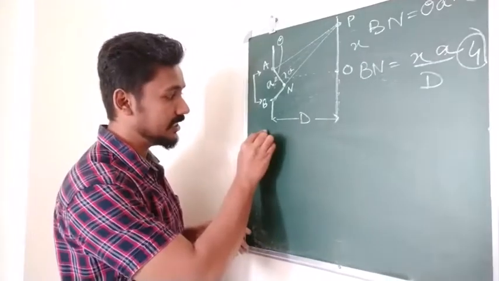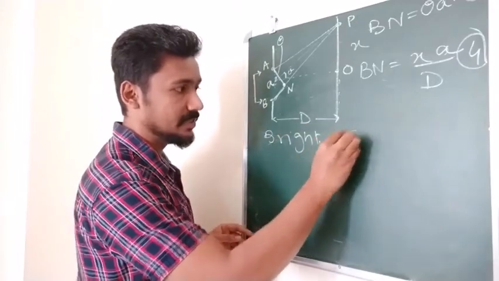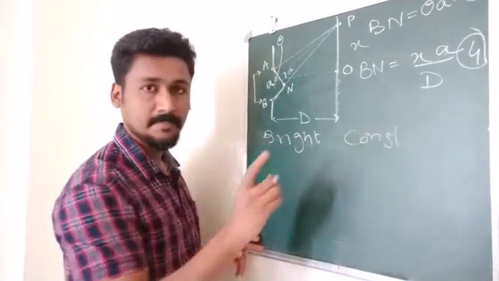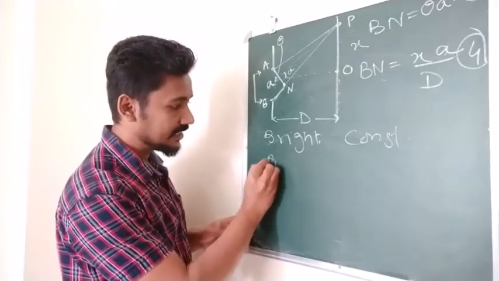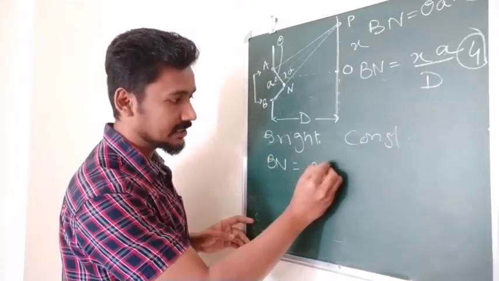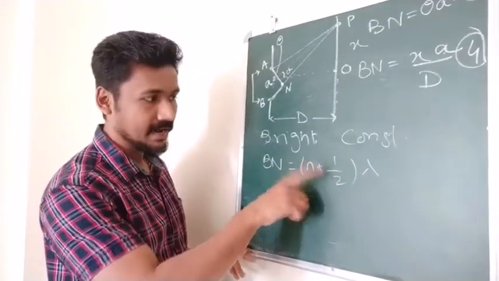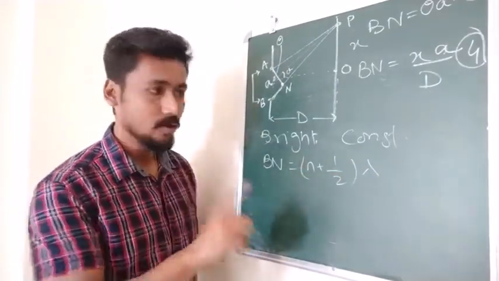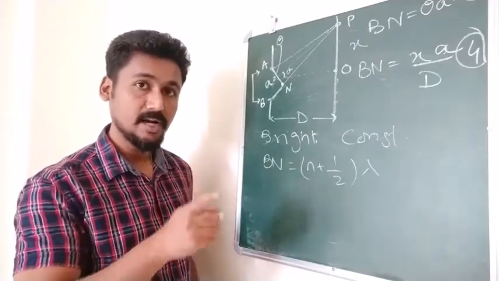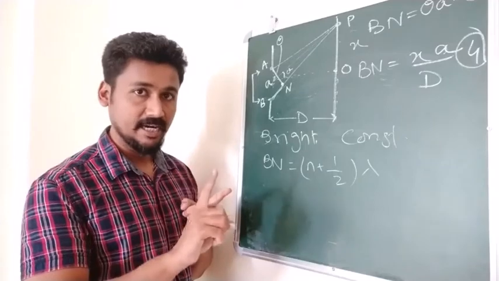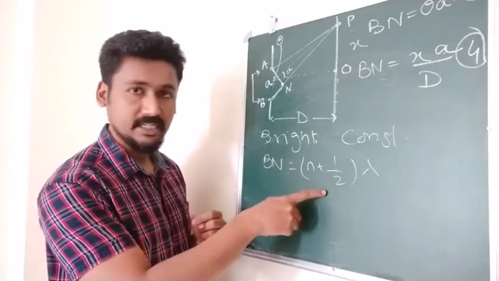Next we are going to see the condition for a bright spot. Okay, bright spot, that means a constructive interference. In diffraction you will get constructive interference if the path length Bn is n plus 1 by 2 of lambda. That is a half integral multiple of lambda. I hope you are seeing this difference. In interference, for constructive we had the condition that it should be an integral multiple, and for destructive we had this condition.